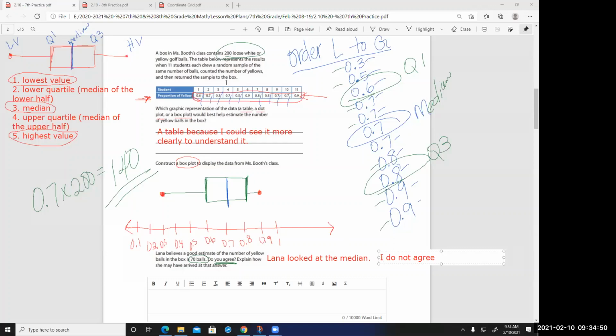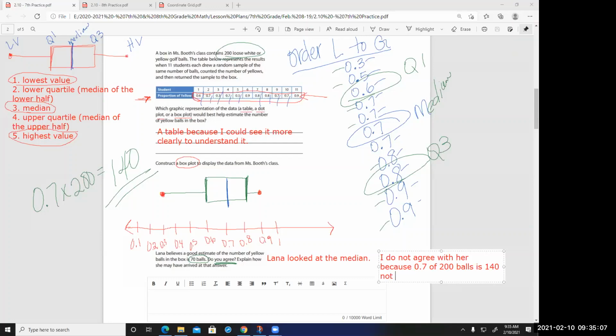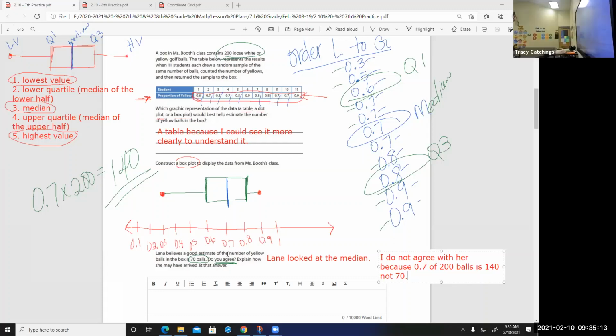All right. How many balls could we have had where what she said would have worked? Think about 7/10. If I had 100 balls, 7/10 would give me what value?